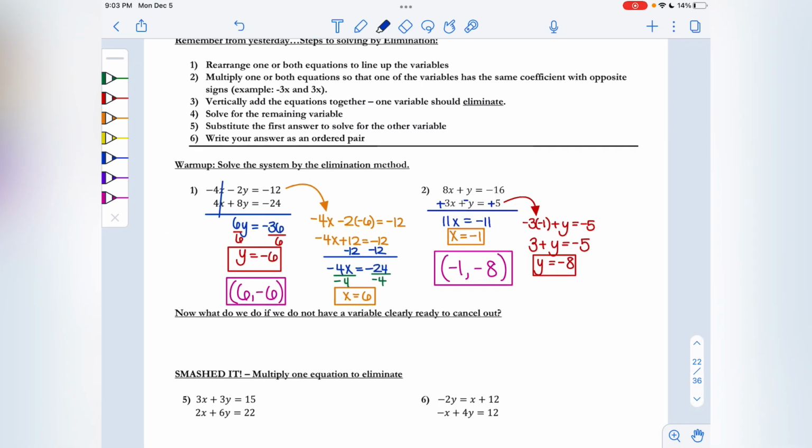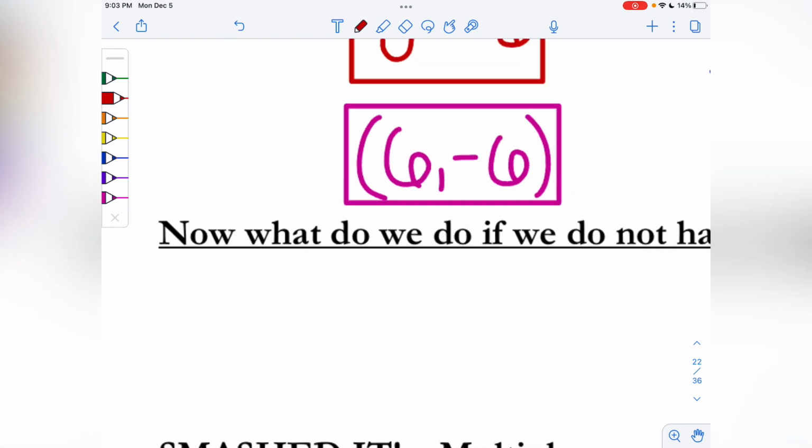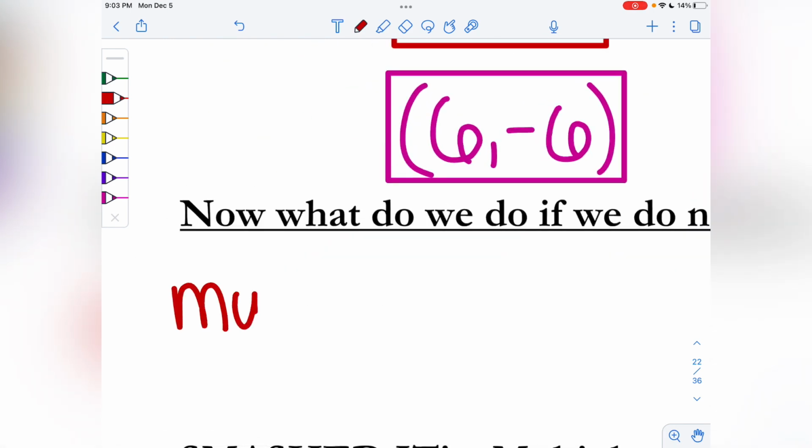But today we're moving on and we're stepping up our game even more. So what do we do if we do not have a variable that's clearly ready to cancel out? Well, what we're allowed to do is multiply one or more equations.